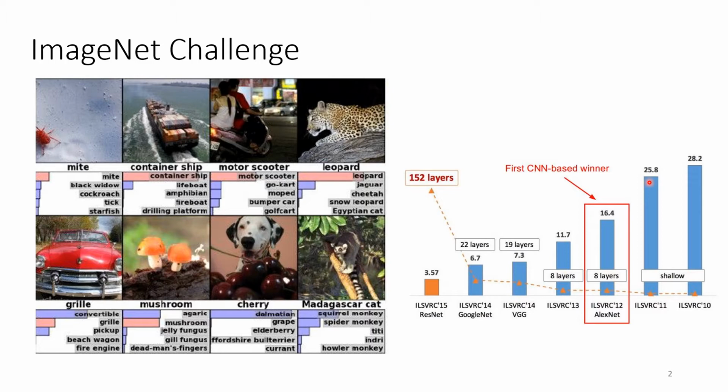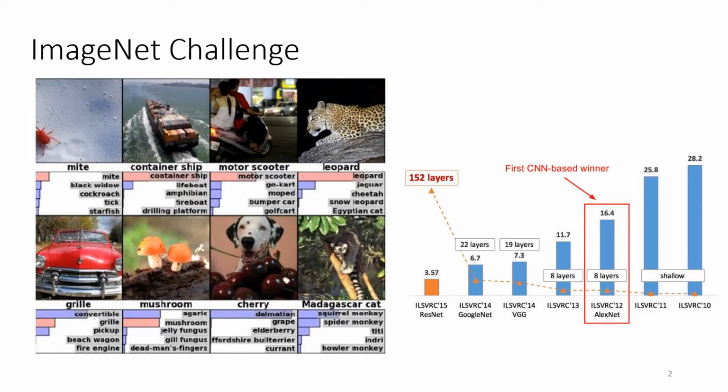And after that, as you see, all the winners at the end used convolutional neural networks with deeper and deeper architectures. See, AlexNet has 8 layers, then another architecture with 8 layers, VGG with 19 layers, GoogleNet with 22 layers.